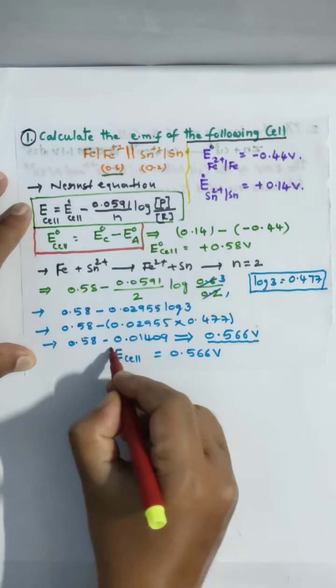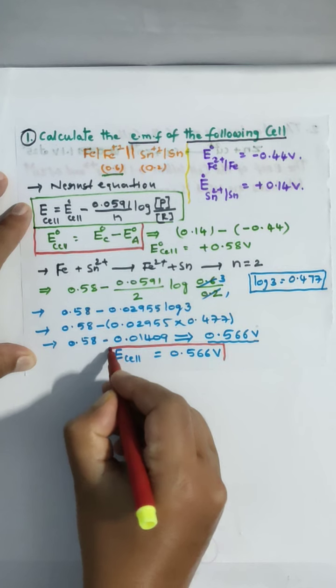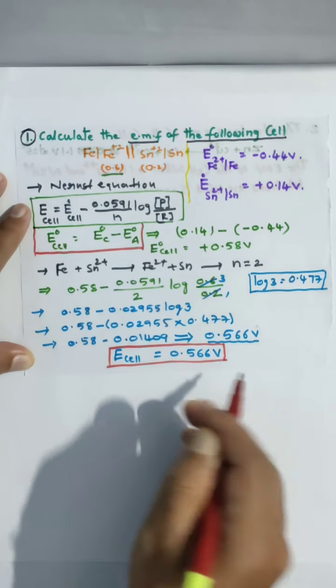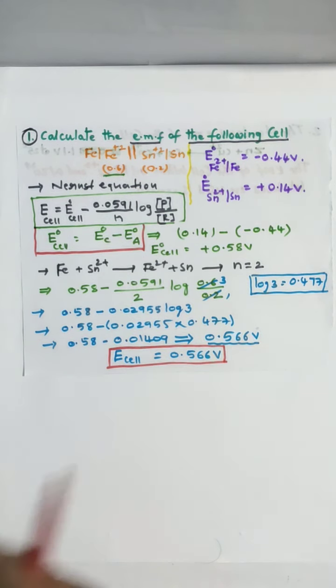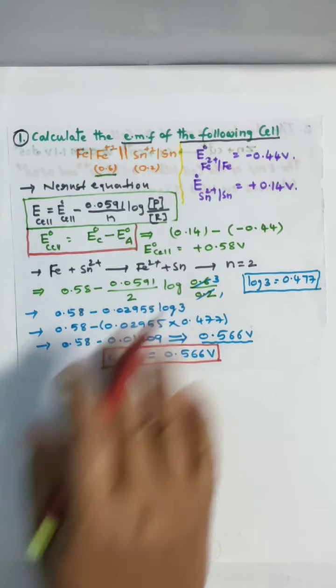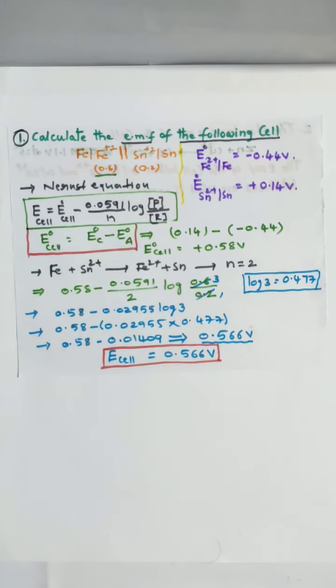So finally you got the EMF of the given cell. This is a very important model and you have to remember. Clear? Let me go to another model. Another model problem we have here to practice clearly.